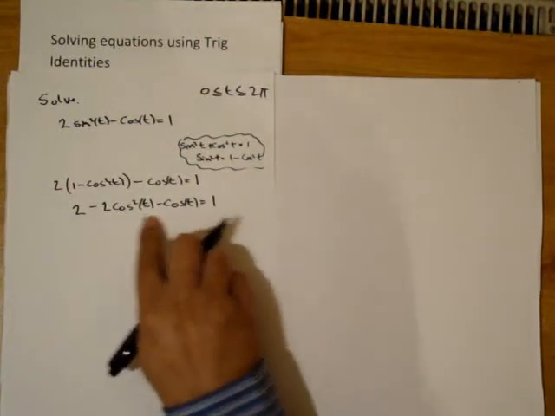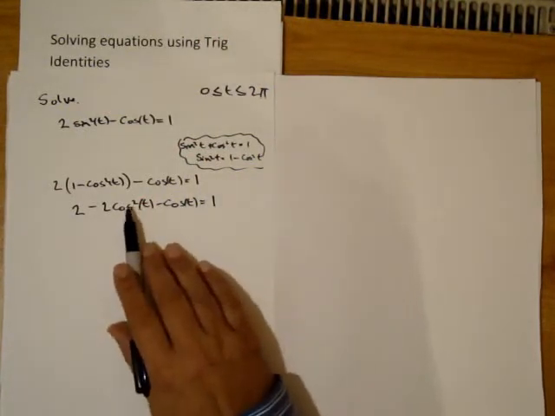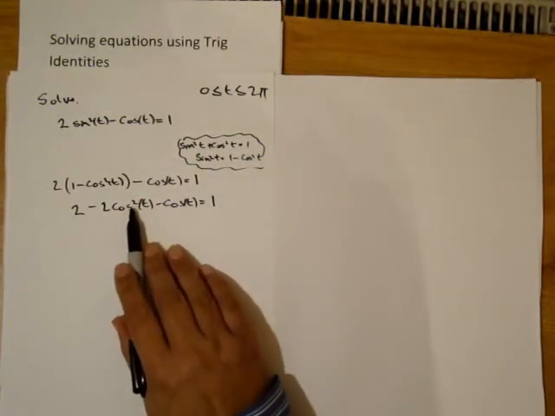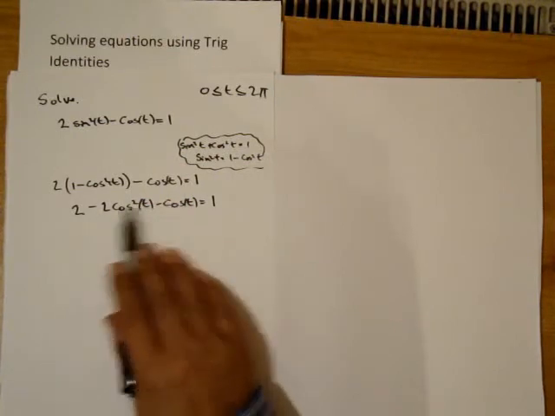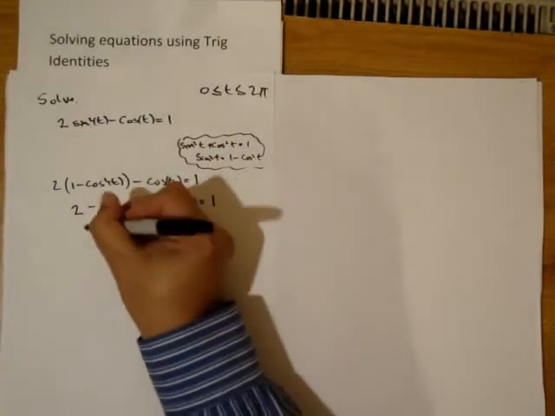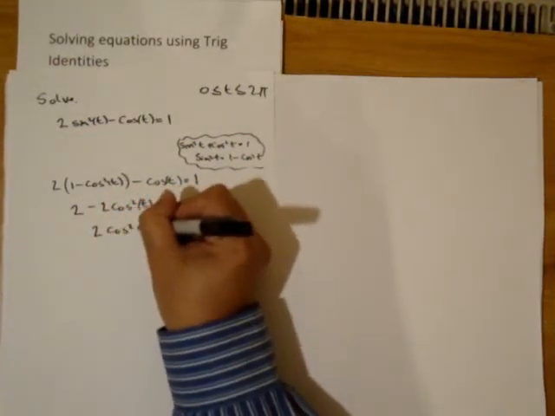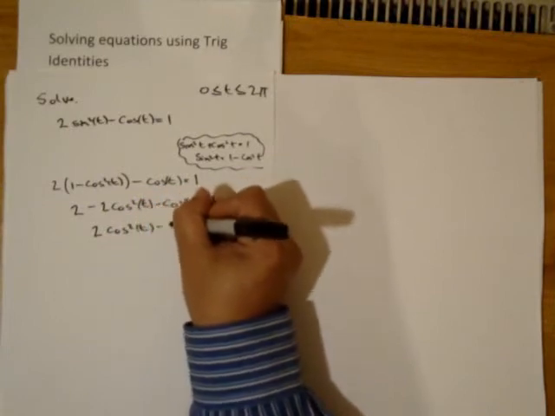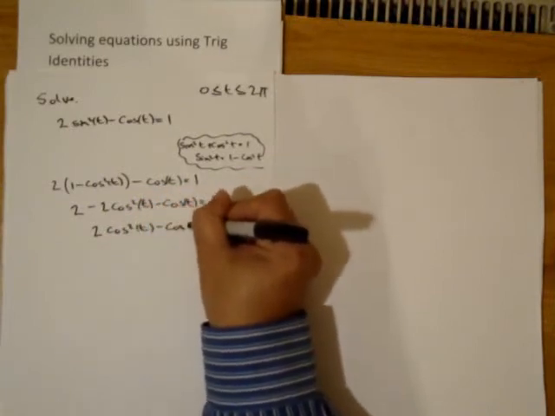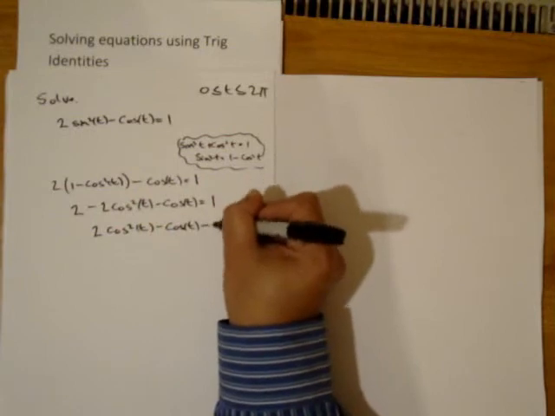Now this looks like a quadratic with the x being cos, so this would be x squared, this would be x and some numbers. So let's make it equal to 0. So we have 2 cos squared t minus cos t minus 1 equals 0.